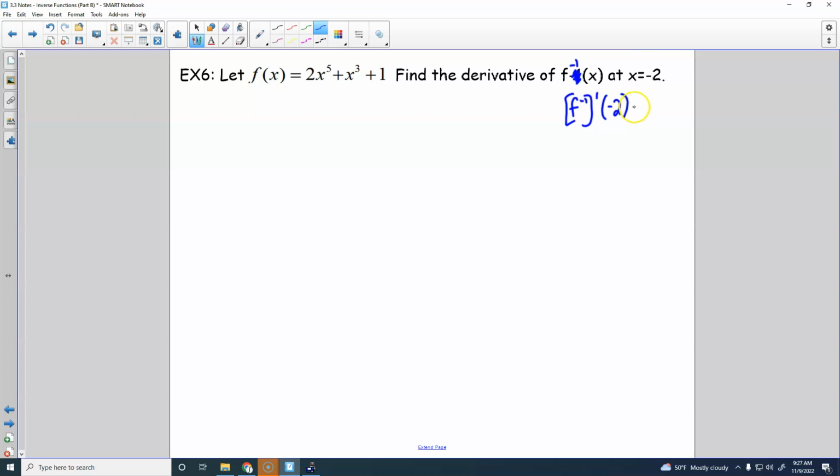And our formula for this would be 1 over f prime of f inverse of -2. So that first thing we've got to find is f inverse of -2.